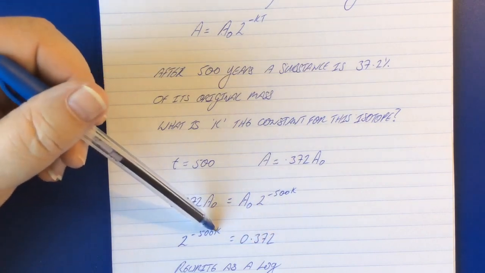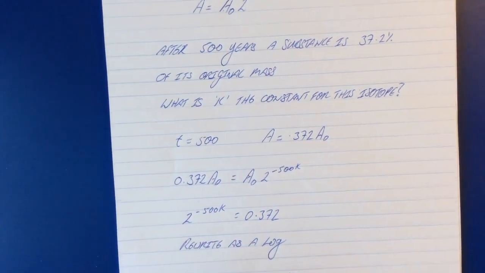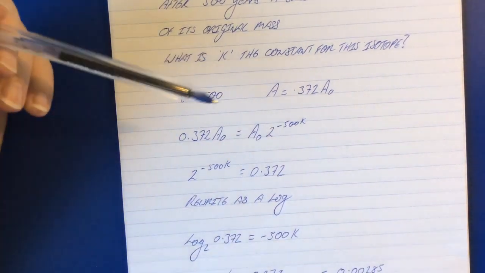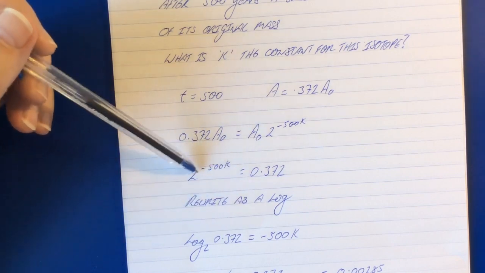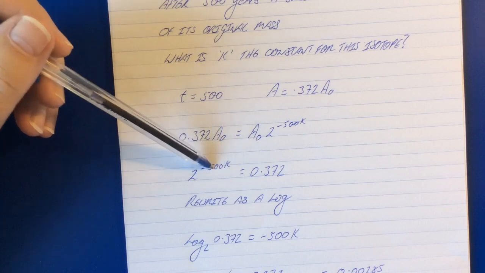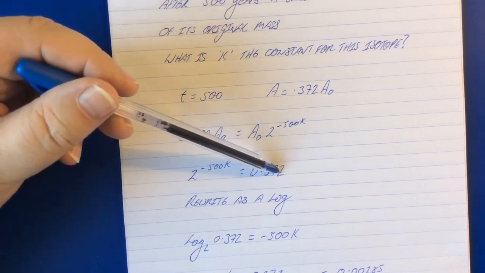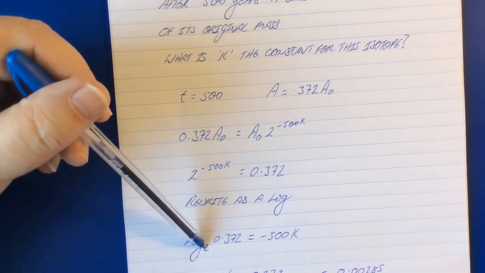We are solving for an index, therefore we're going to need logarithms. So what I've done is I've rewritten this as a log, and I'll just explain that. What this says is that 2 to the power of negative 500K is equal to 0.372. So our log is in base 2.